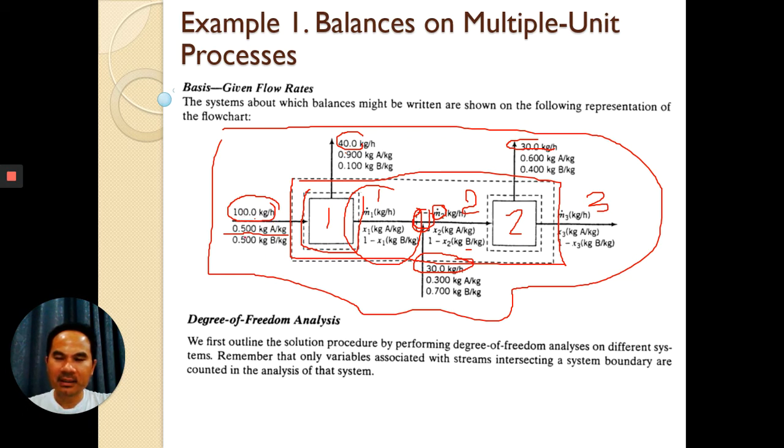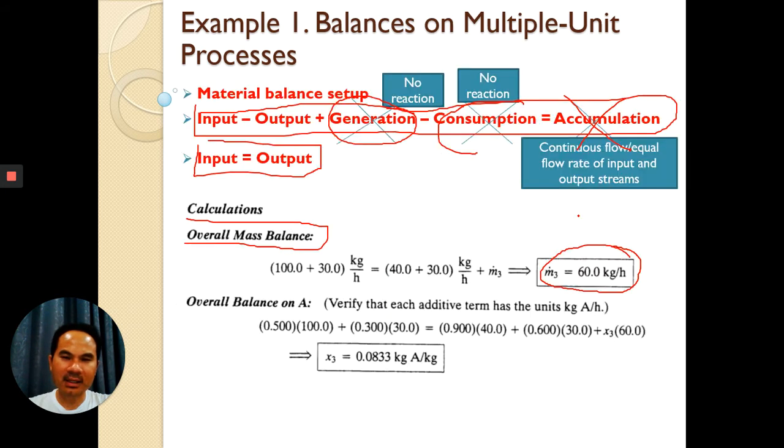That's right. 0.5 multiplied by 100, and this 0.1 multiplied by 30 equal to 0.9 multiplied by 40 plus 0.6 multiplied by 30 plus X3 multiplied by M3. This unit is also kilogram per hour. And this is M3, and you can solve for X3.